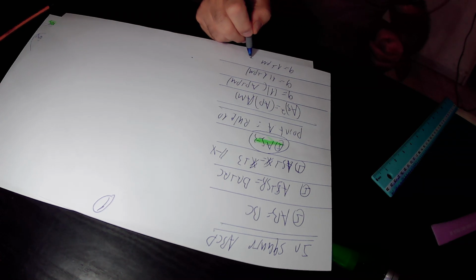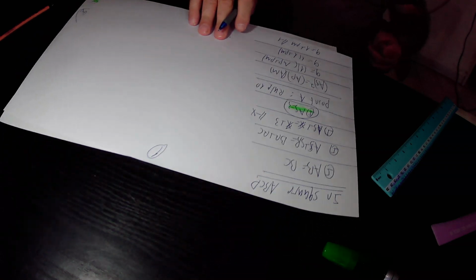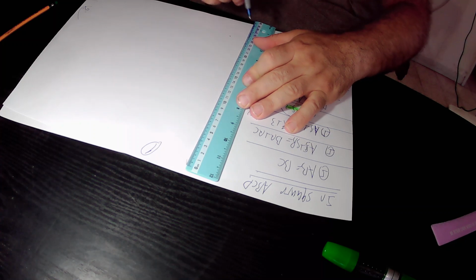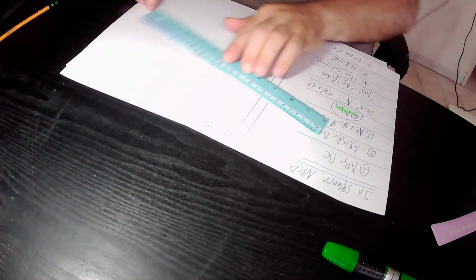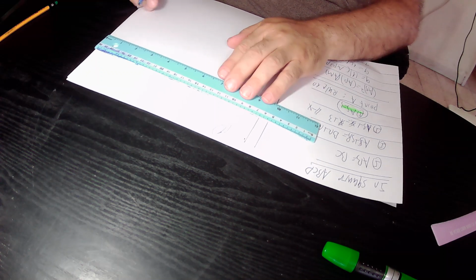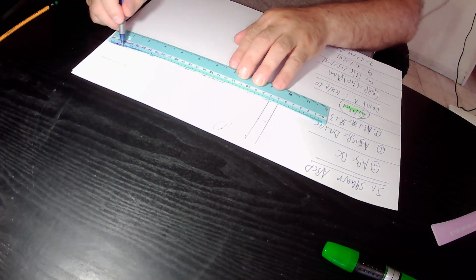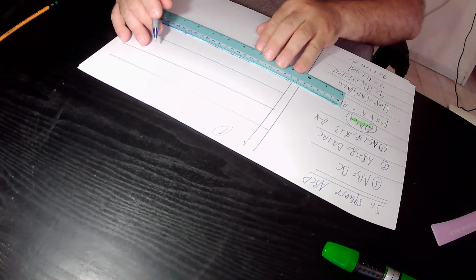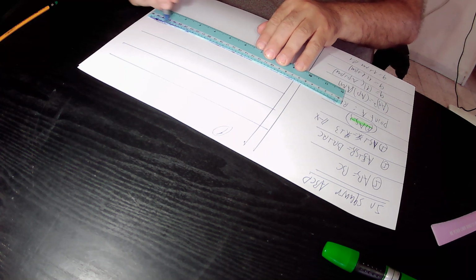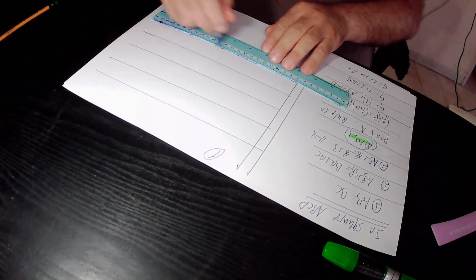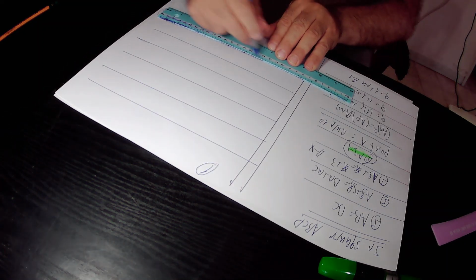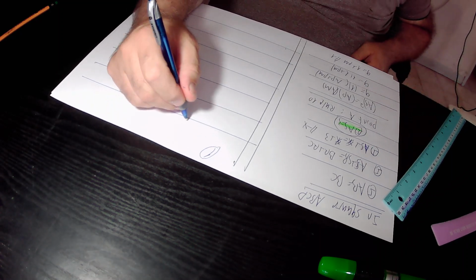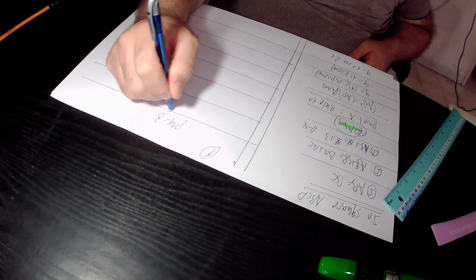Here we subtract 1 from this equation, and we get that PM equals 9 minus 1, that is 8.